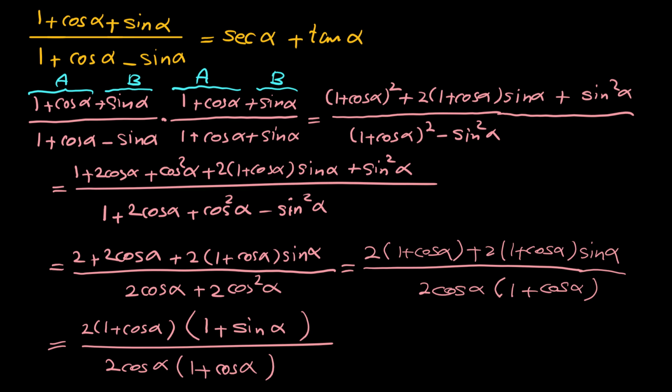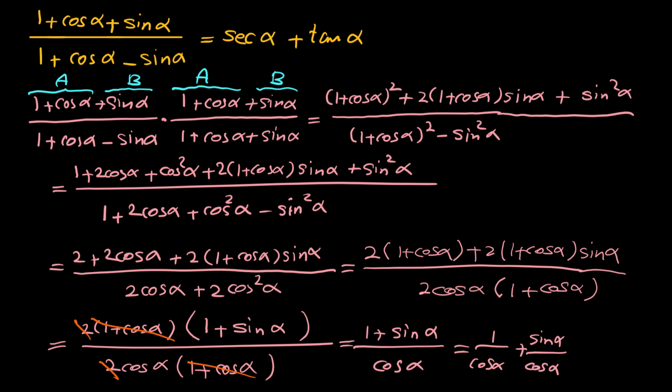Finally, it seems that we are going to finish this question. 2 with 2 cancels, 1 plus cosine with 1 plus cosine cancels, and we have 1 plus sine alpha over cosine alpha. Now separate numerator over denominator. This equals 1 over cosine plus sine over cosine.